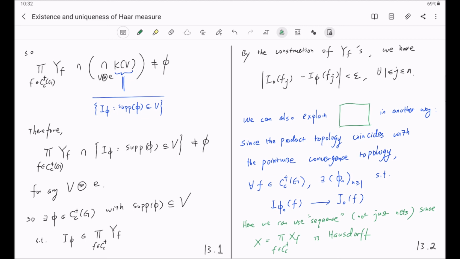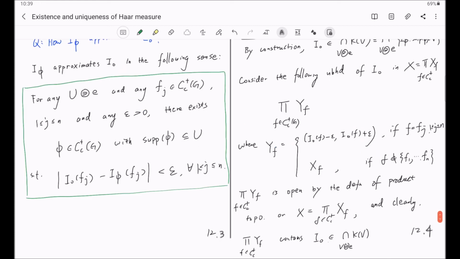If you don't understand the meaning of the product topology coinciding with the pointwise convergence topology, it doesn't matter. Just ignore this part. I just want to give the explanation to this from another point of view. However, even if you don't know this fact for product topologies, you should still be able to see this part directly from our argument above or from the thing in this green box directly.